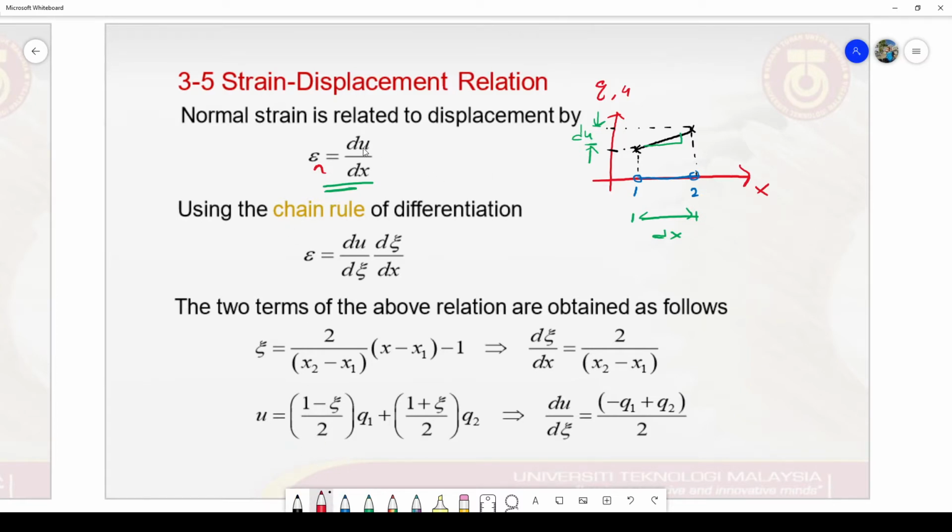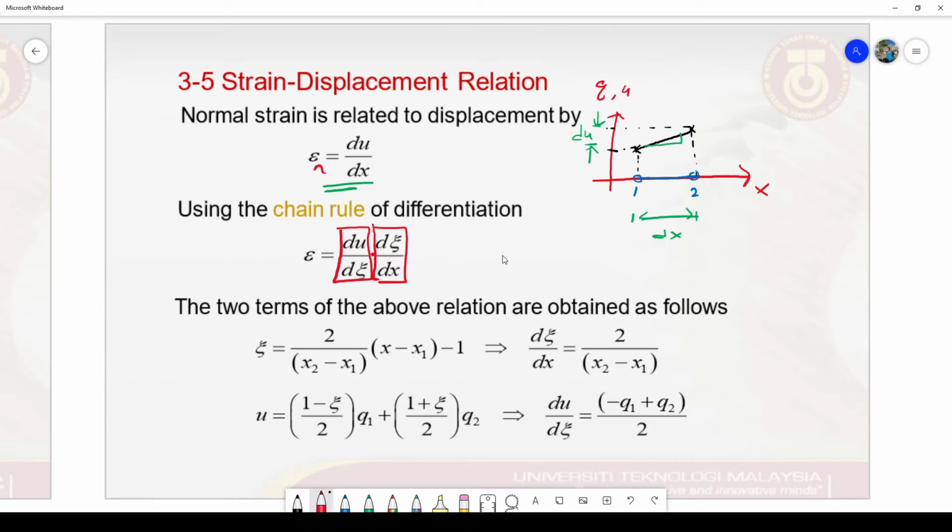And this equation du over dx can also be written as a function of the natural coordinate system by taking the chain rule of differentiation, where epsilon is equal to du over dz multiplied by dz over dx. So next, let us solve this part by part.